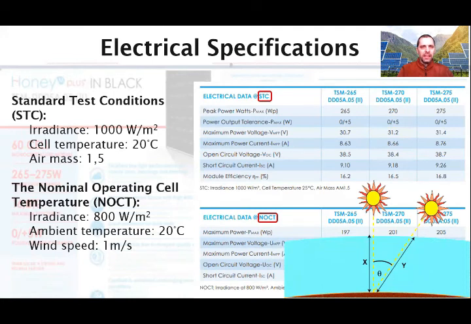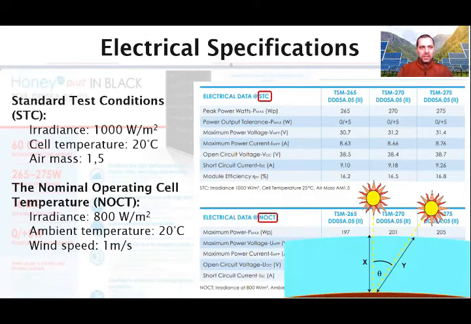Before we start the electrical specifications, we should mention 2 different test conditions because, in general, both are indicated in a brochure. As you see highlighted, there are STC and NOCT. But what do they mean? We know that the maximum irradiance is 1000 watt per square meter on the surface.